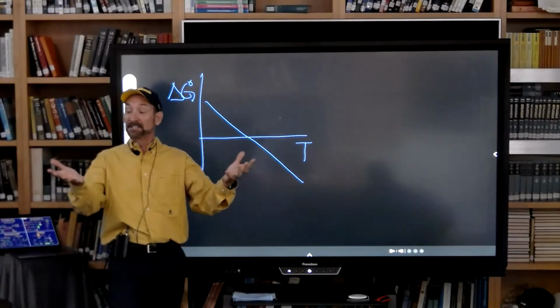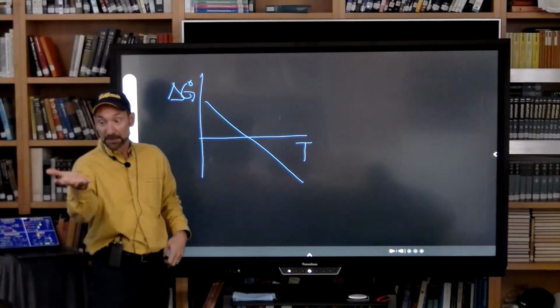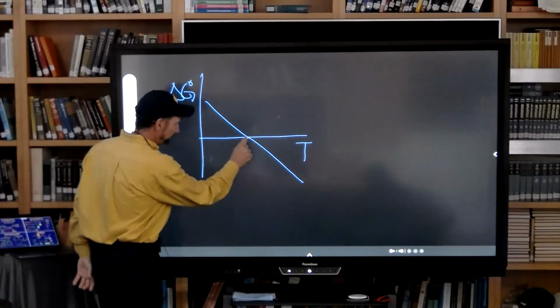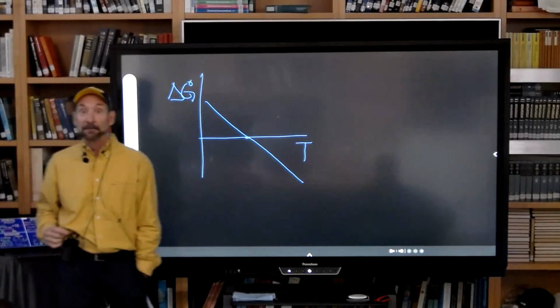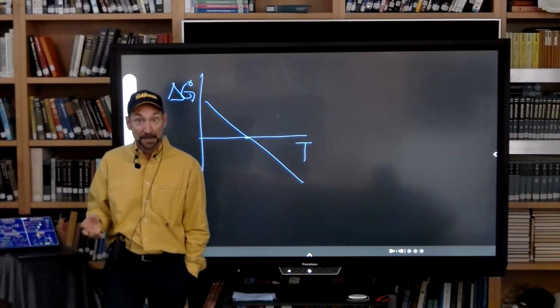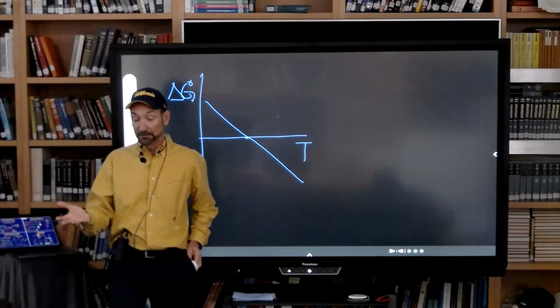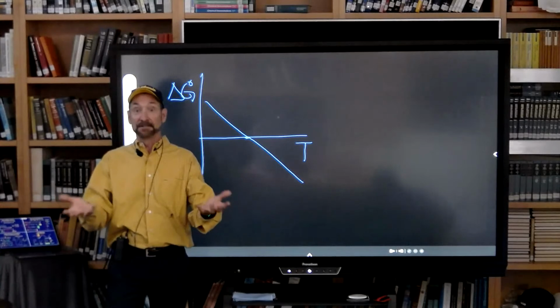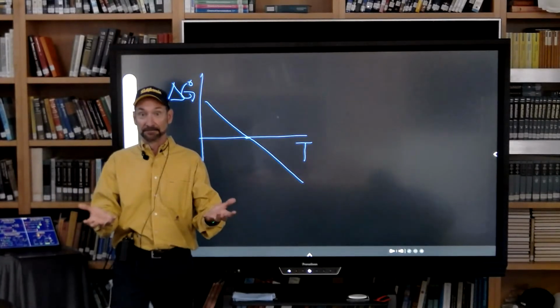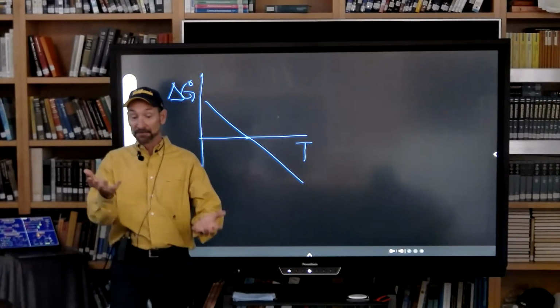You can imagine a state where the free energy difference between the products and reactants is 0. There's a temperature here where the free energy difference between the products and the reactants in their standard state is 0. And you would say, well, then the universe is indifferent to whether I'm in the products or reactant state. So neither is favored by the universe.